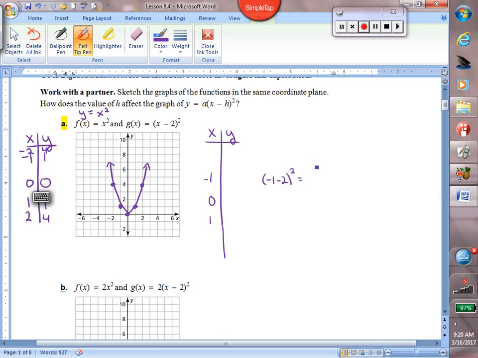We need to do the parentheses first. So we end up with -3 squared. And I know some of us have been getting the incorrect answer when we put something like -3 squared in our calculator. You do need to put the parentheses around that before you square it. Whenever you square a number, the result should be positive.